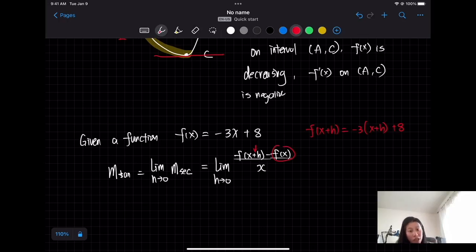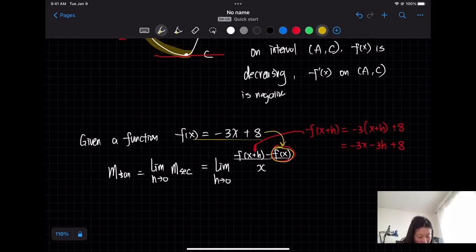Okay, you can simplify here or you can simplify it later. So if I simplify here, I have negative 3x minus 3h plus 8. And now we substitute these into the function. And also we need to substitute f(x) equals negative 3x plus 8 in here, right? Because this part is equal to f(x).